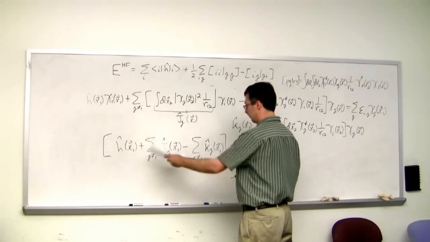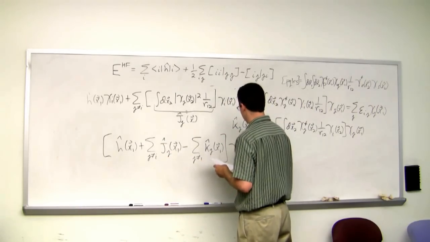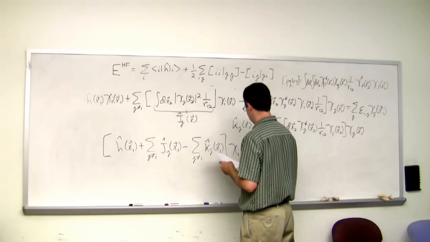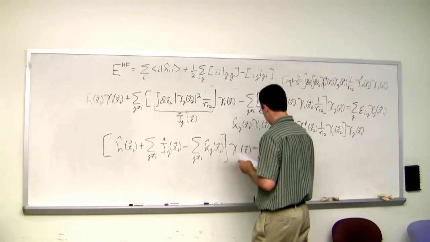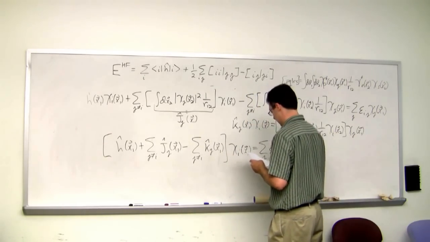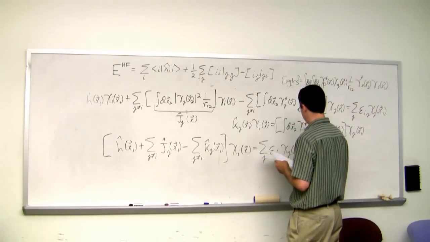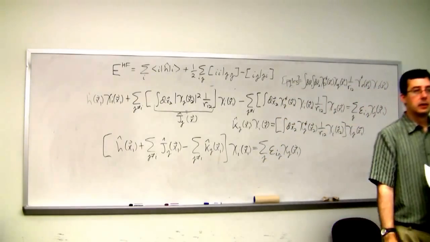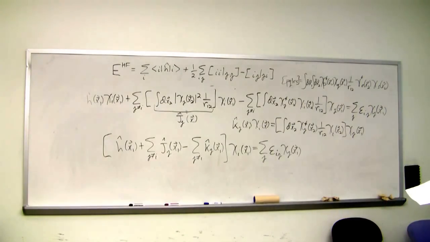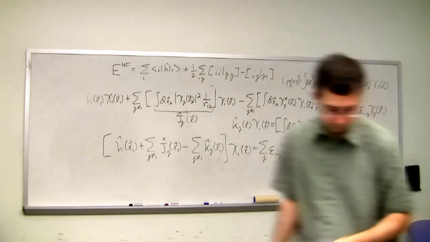That whole big mess of operators acting on orbital i, chi_i of x1, equals the sum over j of epsilon_ij chi_j of x1. In a more symbolic form, that's what my Hartree-Fock equations have turned into.